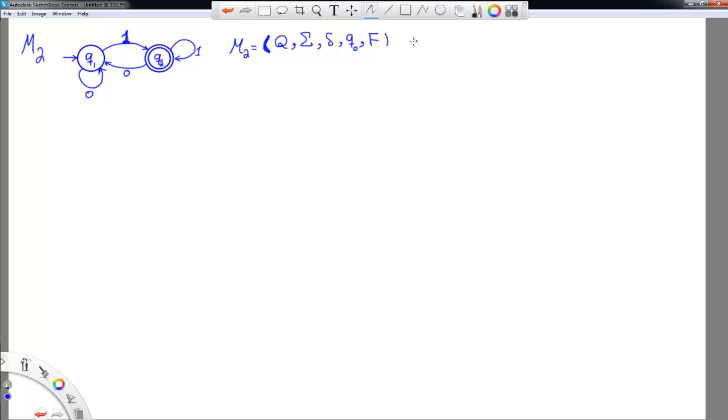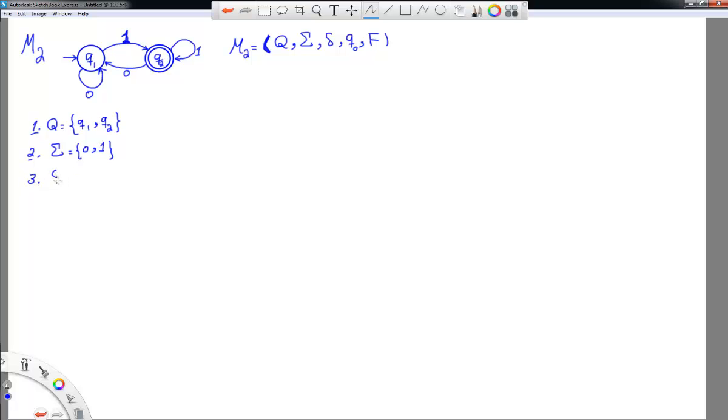We'll start with element number 1, Q. Q is a finite set of states. So in my case, it is a set of 2 states, q sub 1 and q sub 2. 2. Alphabet. Sigma is a finite set of alphabet symbols. In this case, it's 0 and 1. 3.